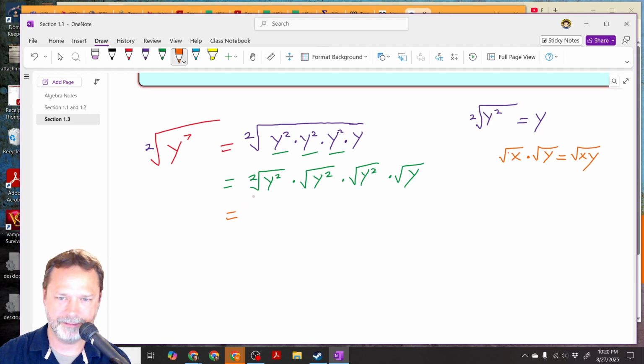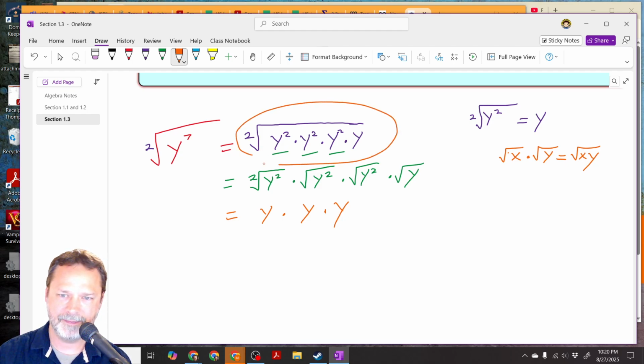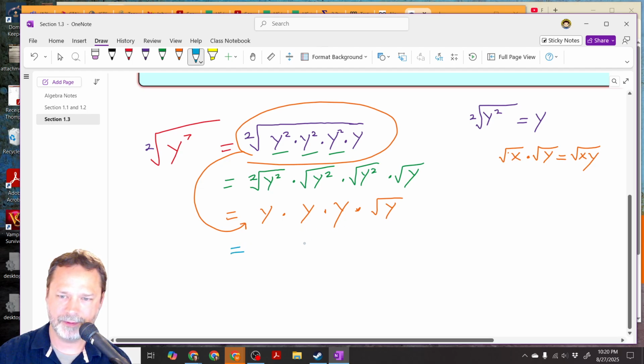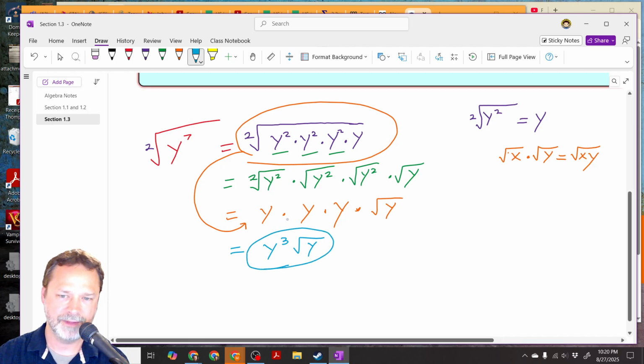Now each of these is a y, so I have y times y times y. I could have gone straight to here pretty quickly: I got 3 y squareds times this root y. I still have 1 y underneath the root that I can't take out. So y times y times y is y cubed, and I have 1 y still left under the root. This is my simplified radical.